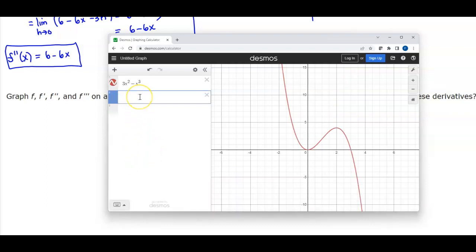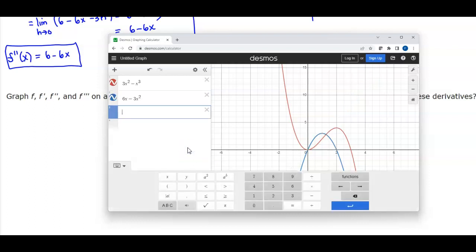That is the function, and then the first derivative is 6x minus 3x squared. And then the second derivative is 6 minus 6x. The third derivative is y equals the value of negative 6, which is the constant.